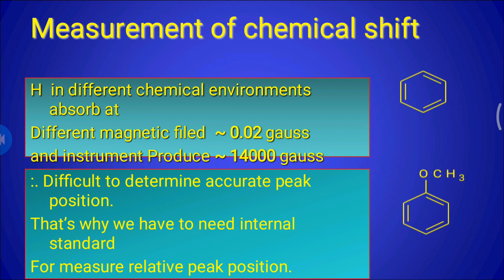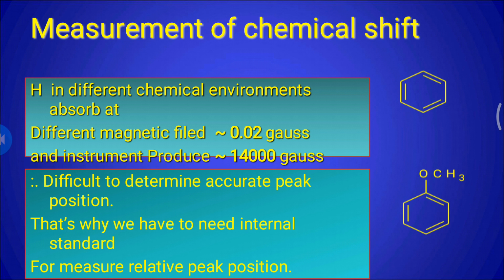The next example of the measurement of chemical shift is benzene and anisole, methoxybenzene. In benzene, there are 6 protons, and all these protons are chemically equivalent and observe a single signal.